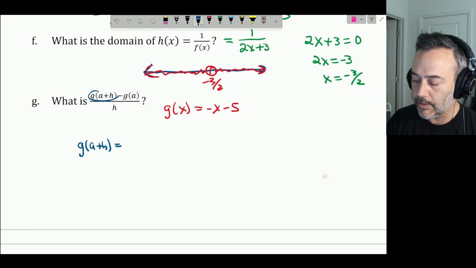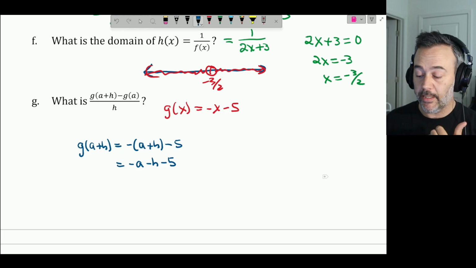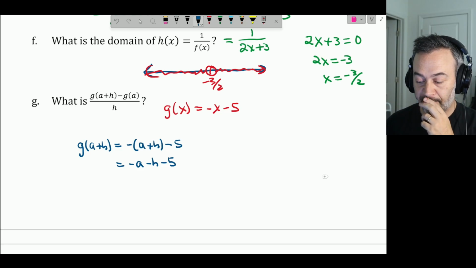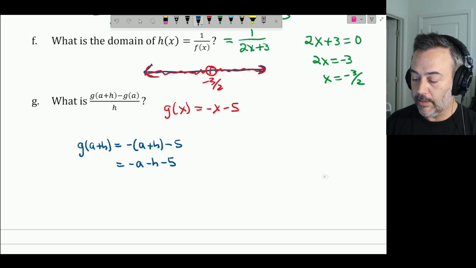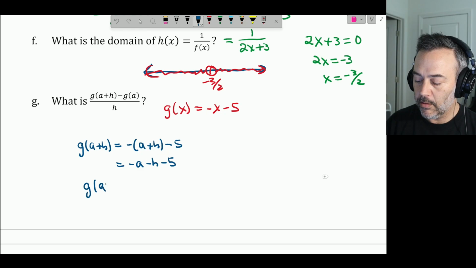Wherever there's an x, I put a plus h, minus 5. And that is negative a minus h minus 5. So g of a plus h is negative a minus h minus 5. Okay, what is g of a? G of a is negative a minus 5.